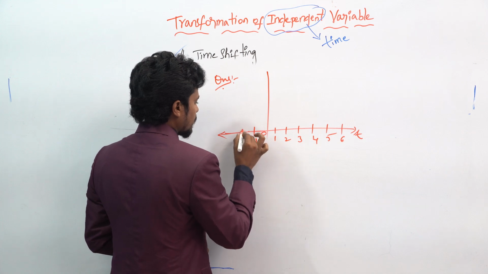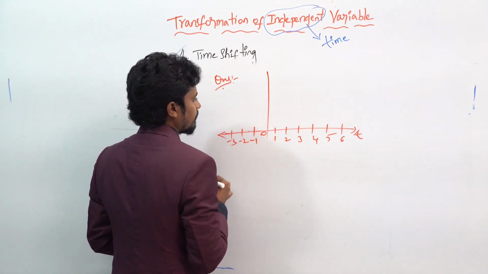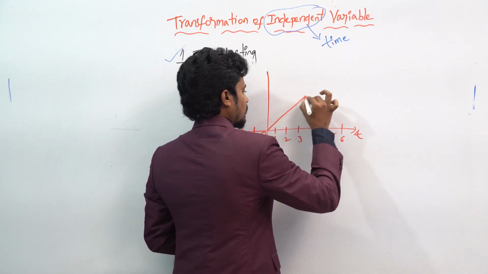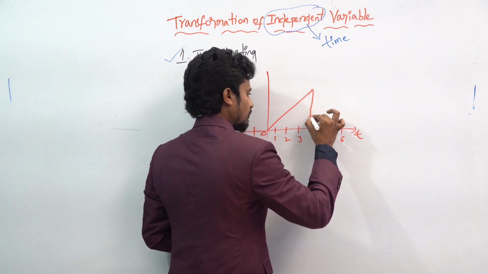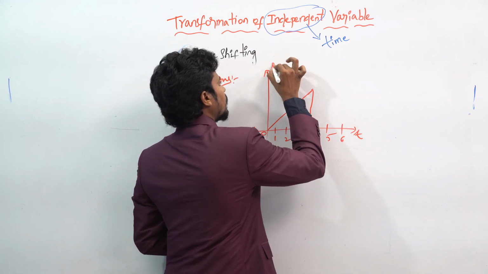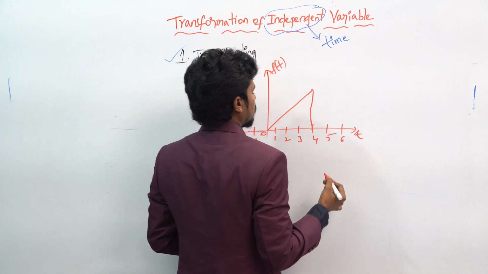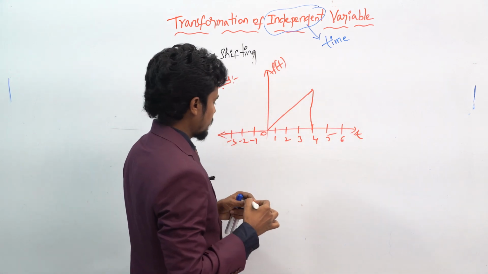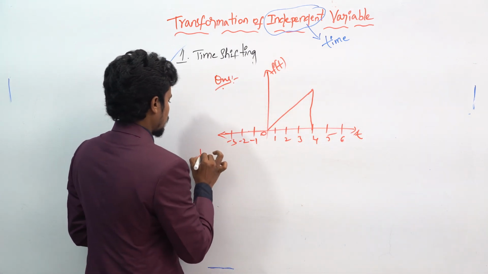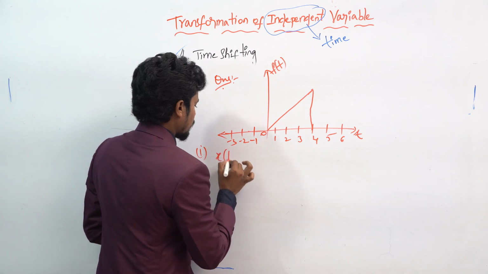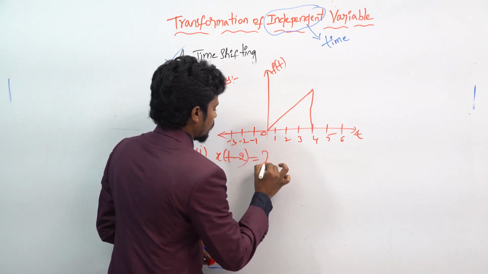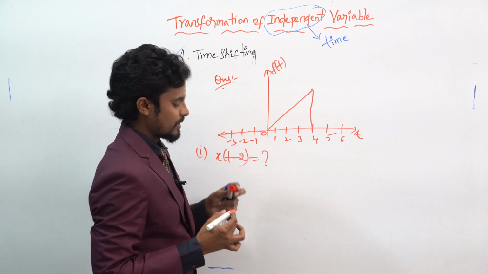This is minus 1, minus 2, and here minus 3. This is f of t. And the first question they ask is x of t minus 2. What will happen to this plot?